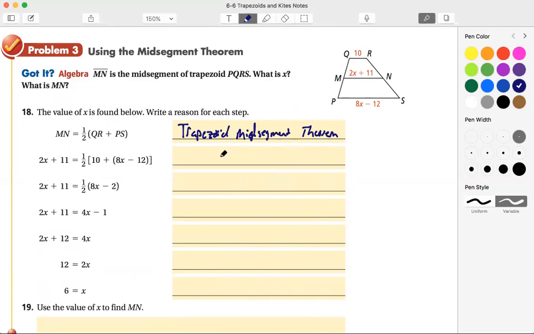All right, so substituting in the values from the trapezoid. Okay, simplifying what I have. Using the distributive property. Adding 1 to both sides.